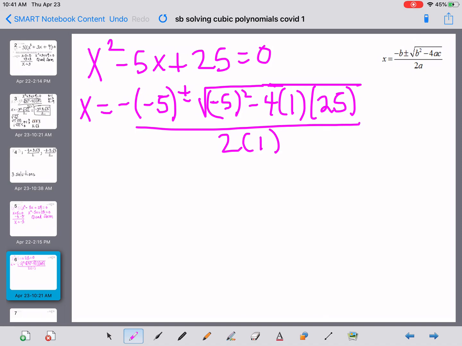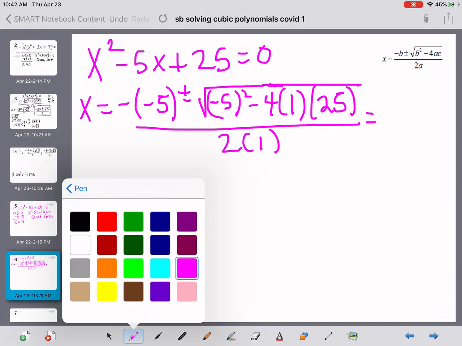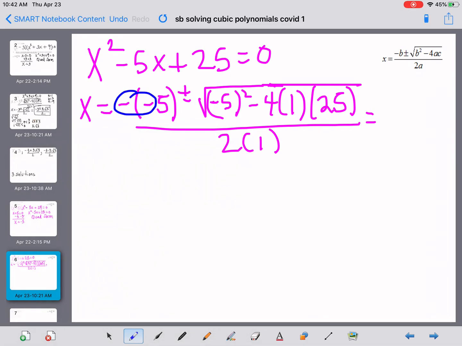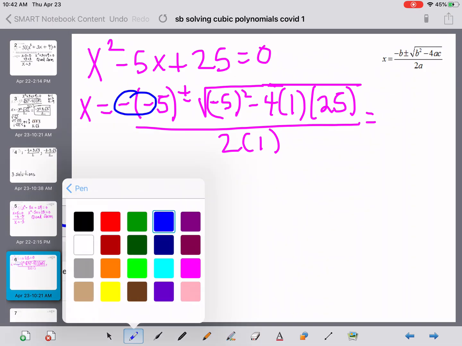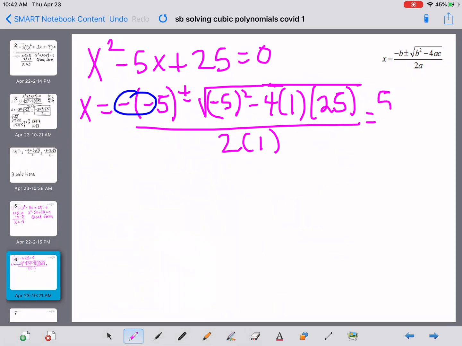Use your calculator to figure out what goes underneath the square root. Double negative gives us a positive. So this is going to become 5 plus or minus. When you type this in, we end up with the square root of negative 75, divided by 2.